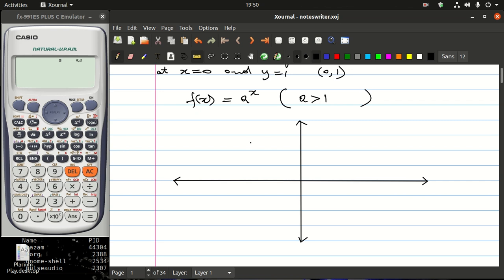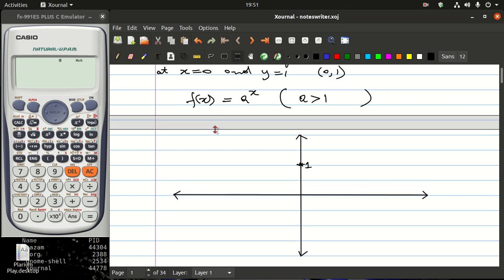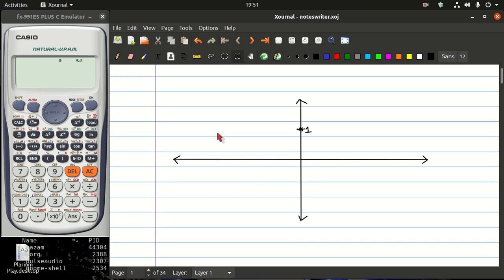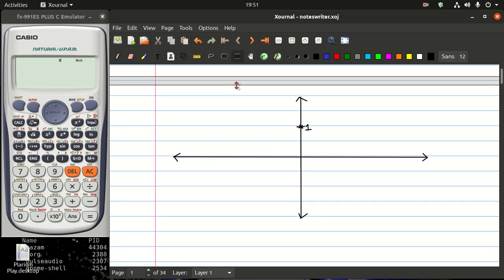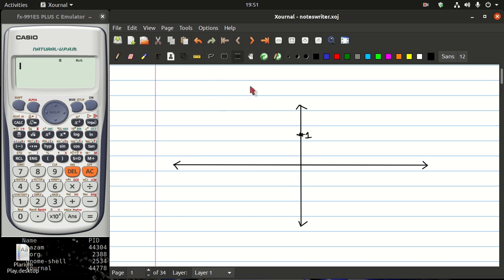Let me do this. The first thing that we said is that all these functions will pass through this point, that is our 1 there. Let me make my 1 here so that this becomes clear. I am going to move this a little bit down so that this is a little bit cleaner, and make it a little bit taller.